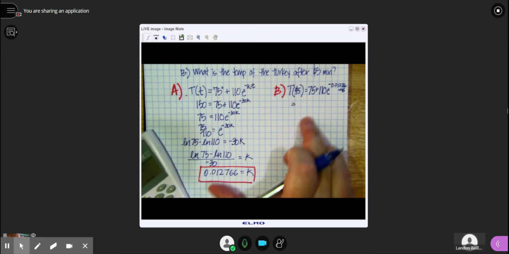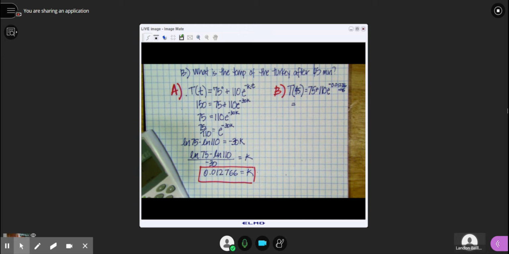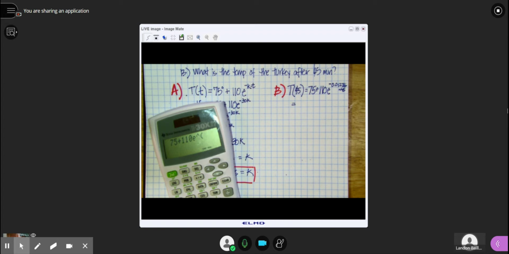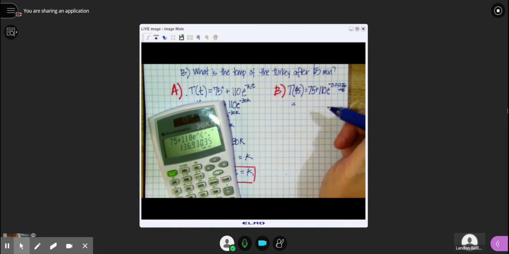Once I've got k, now I can just plug it in for 45 minutes. 0.012766 times 45. That seems wrong. Hold on, let me try this. There we go. That's not the answer I got the first time.